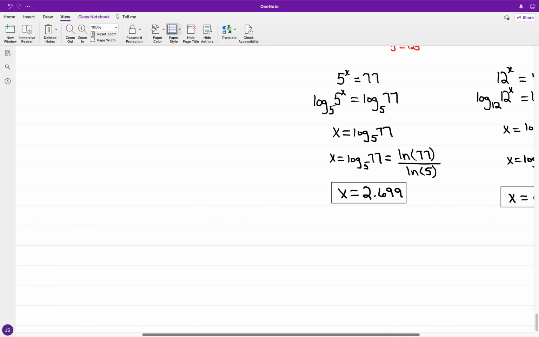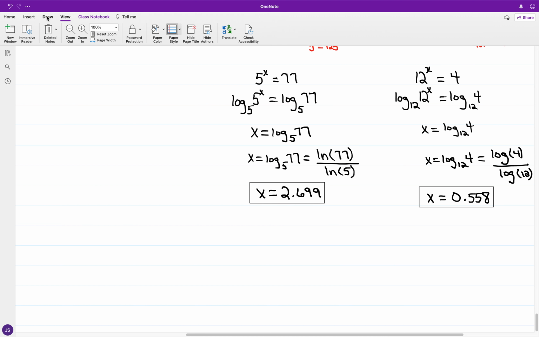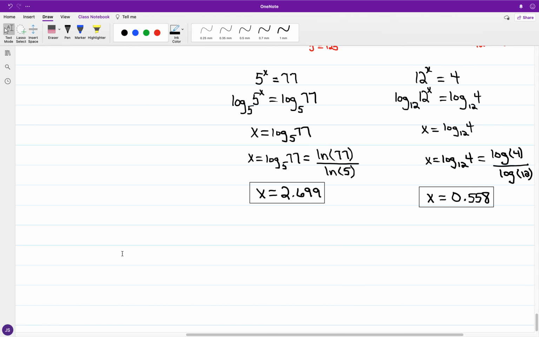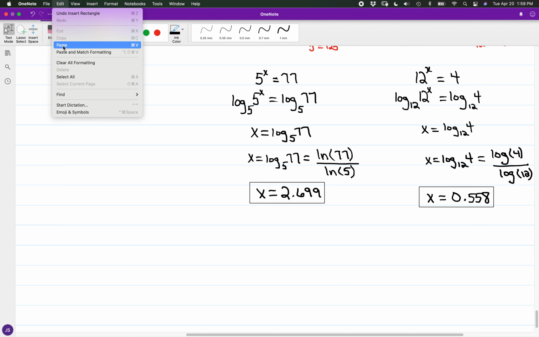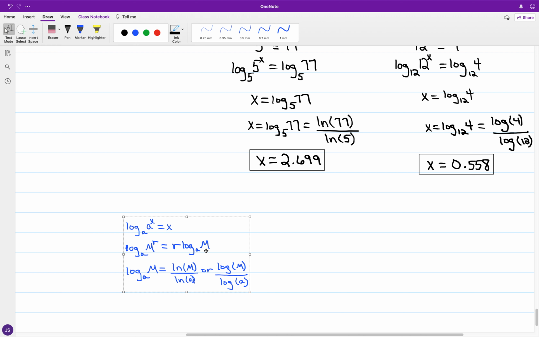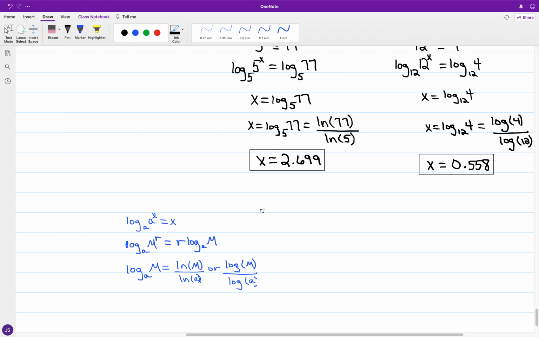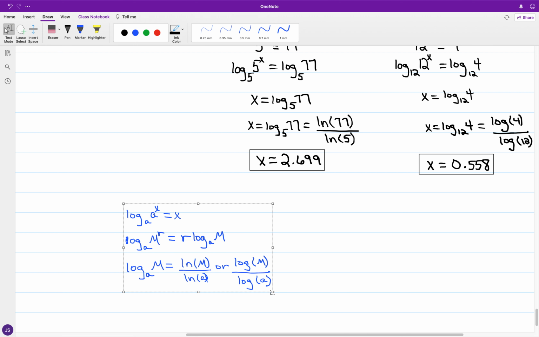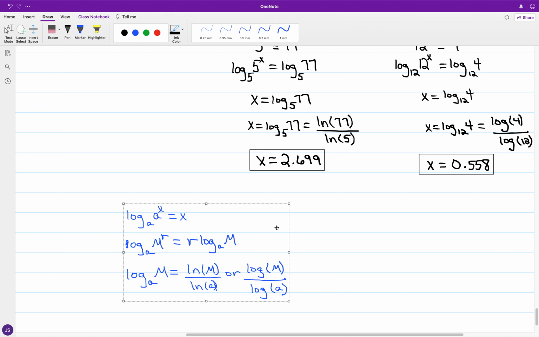This is kind of like a situation that you might encounter in ALEKS, because you might have an exponential equation that has no common base, but where the variable x will be in the power position on both sides of the equation.